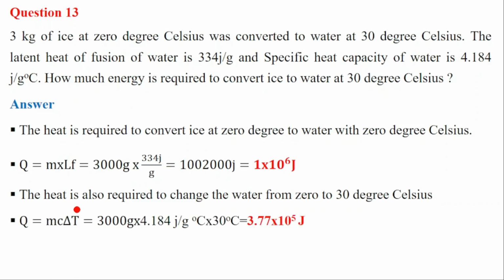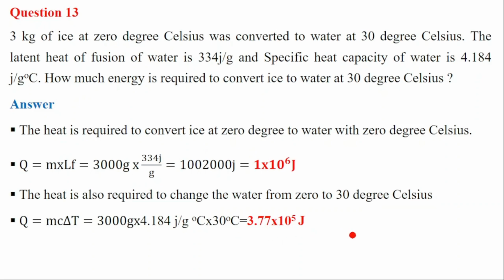Now, heat is also required to change the water from 0 to 30 degrees Celsius. In that case, we have Q equal to the mass times C times the change in temperature. So we need the mass in gram times the specific heat capacity of water times the change in temperature. Here the change in temperature is 30 minus 0, so 30 degrees Celsius, and we get 3.77 times 10 power 5 joule.